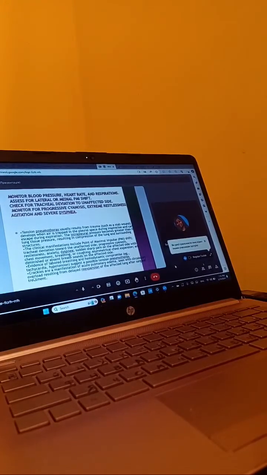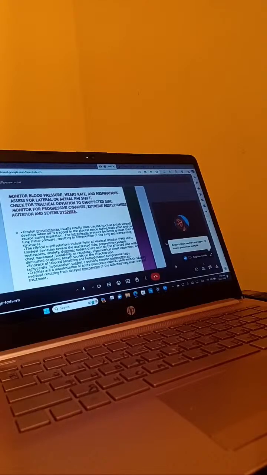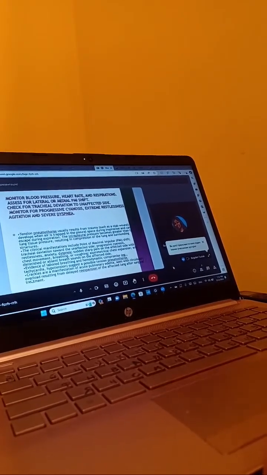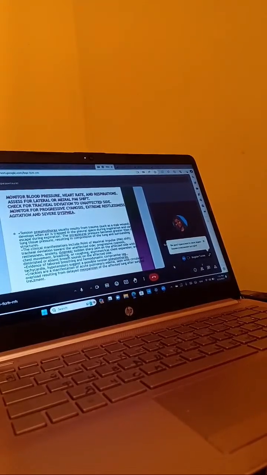Evidence of labored breathing and hemodynamic compromise, tachycardia, hypotension suggest a possible tension pneumothorax.